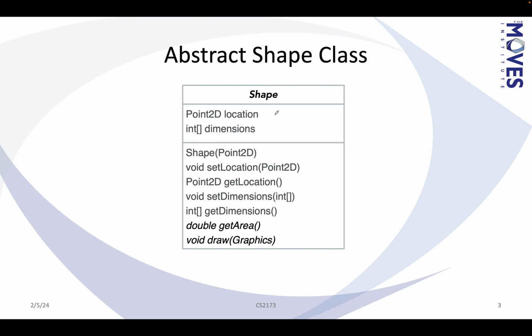So in this case, the designer has said every shape is going to have two pieces of data, and they will often have more, but they're all going to have a location, which is where they are on the screen, and then he made it an array of dimensions.